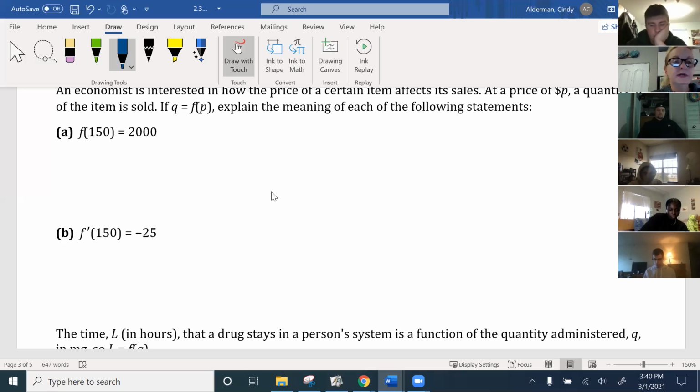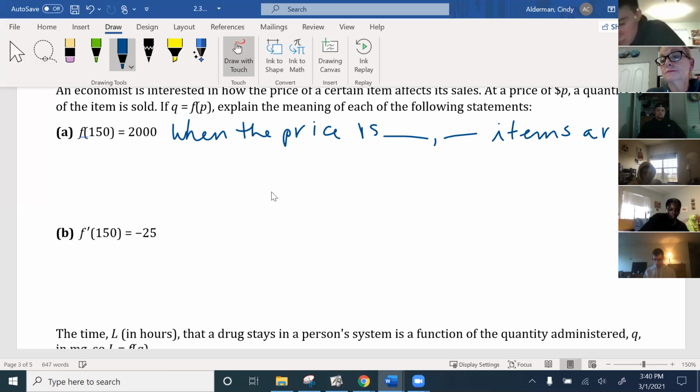So that means when the price is blank, blank items are sold. What do you think? When the price is what?